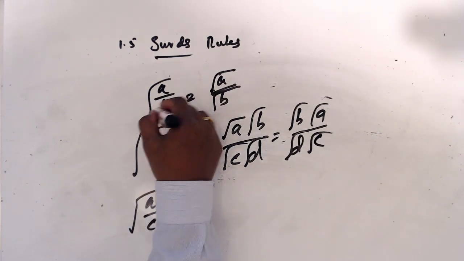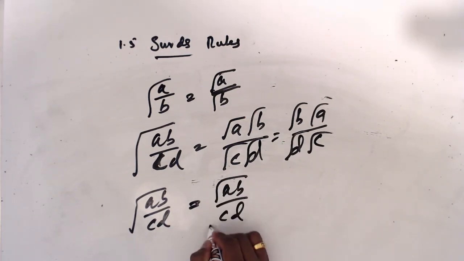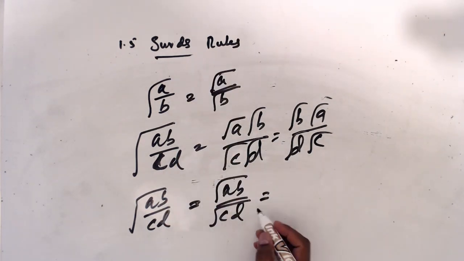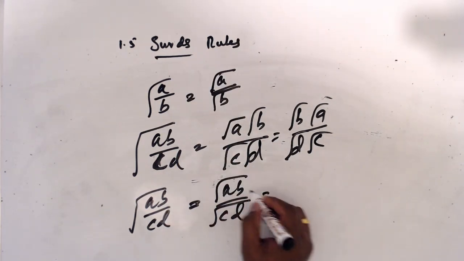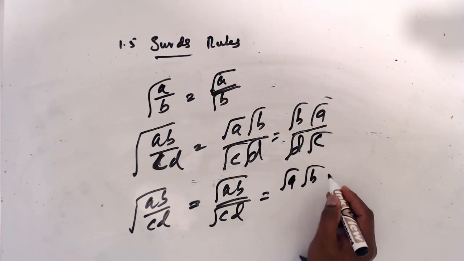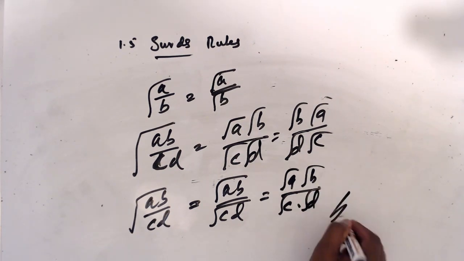I'll use this rule first, then I can bring it into this form. So I break it using this form. Then from the previous rule, we can write square root A times square root B, and so on.